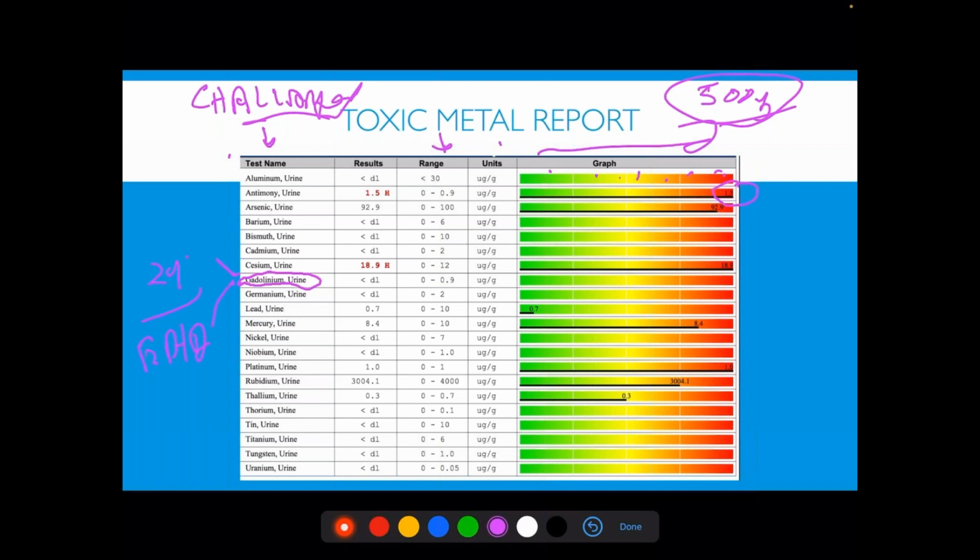So in this case, what I can say by looking at this is that this individual has a decent amount by extrapolation of antimony and arsenic in the system. They have a decent amount of cesium in the system, common. They have a decent amount of mercury. They have a decent amount of platinum, which is very toxic. They have a decent amount of rubidium, which always follows with cesium.